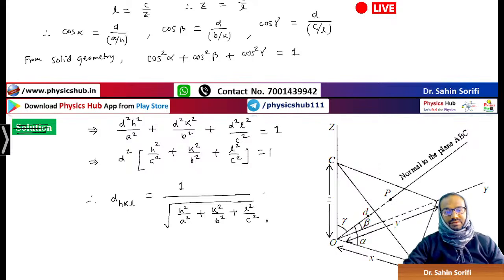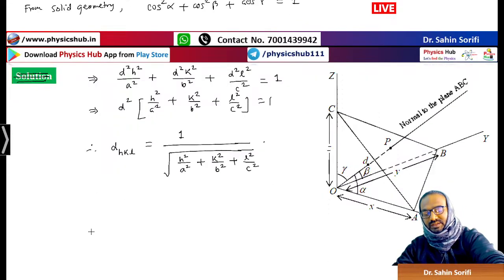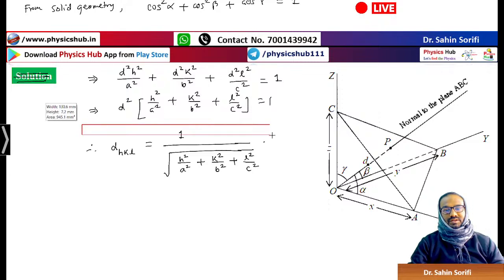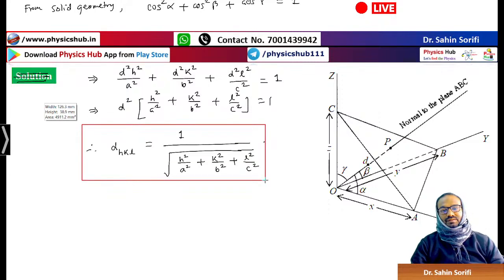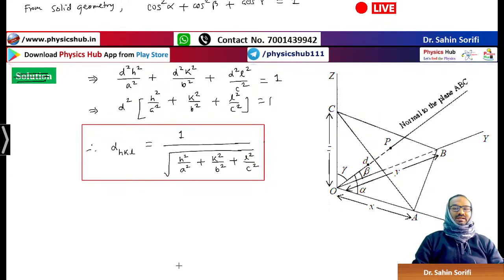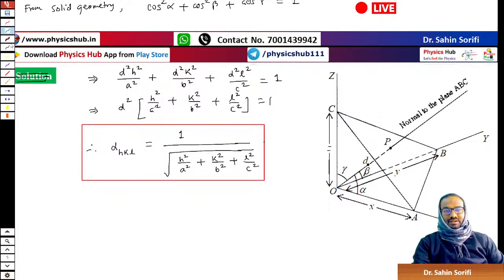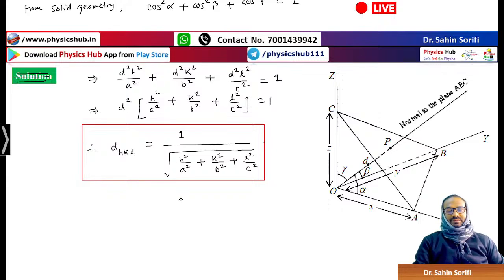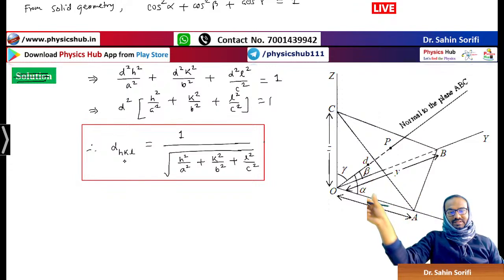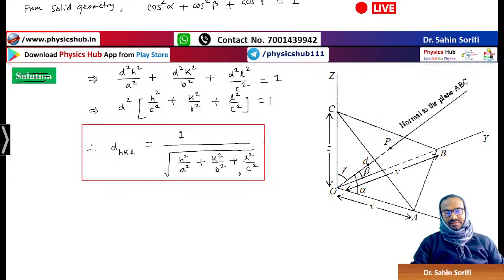In this way, you can write the interplanar spacing formula. d_hkl for a family of lattice planes with Miller indices hkl. When I write hkl, it represents a family of parallel lattice planes, so the distance between them is given by this. Okay.